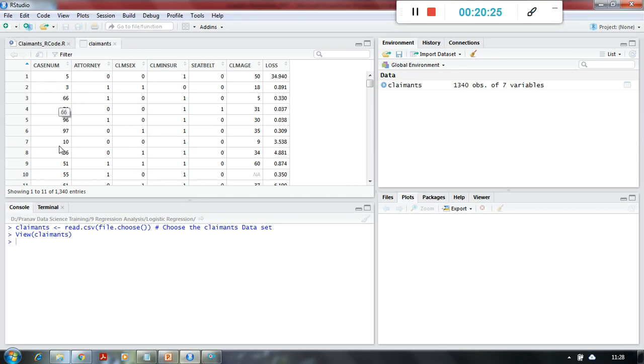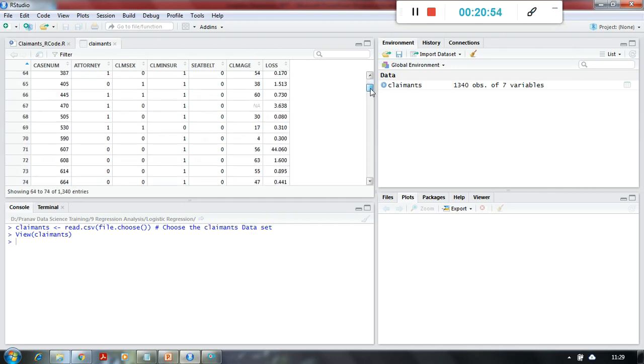Whether a person has case number 66 or 77, whether he will hire an attorney or not, basically hiring an attorney is not related to what case number he has. So we are going to delete this particular column, and then we are going to keep all these input variables, and attorney is our output variable. This is the way the data has been given to us.